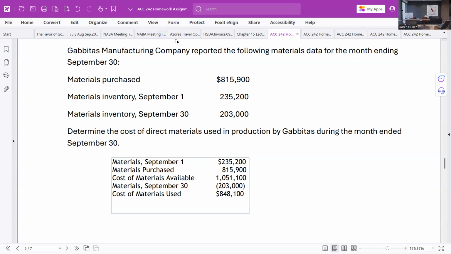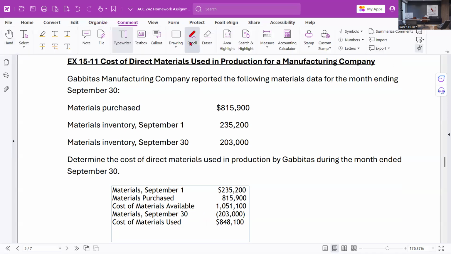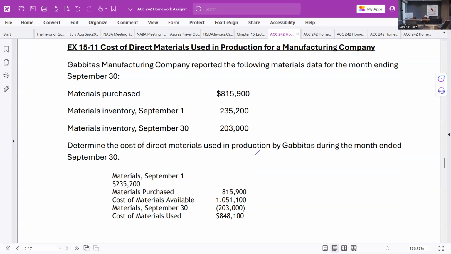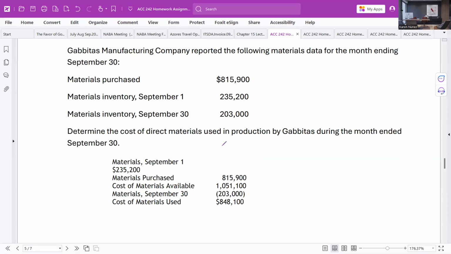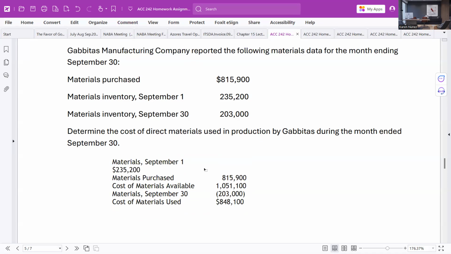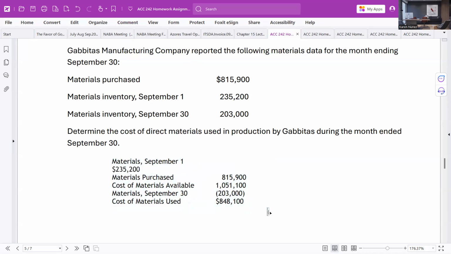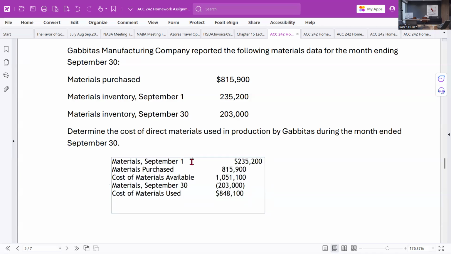Okay, so let's see if we can switch here to a pencil. Okay. Oh, no, that's not going to work. Let me... okay, I think that's good enough.